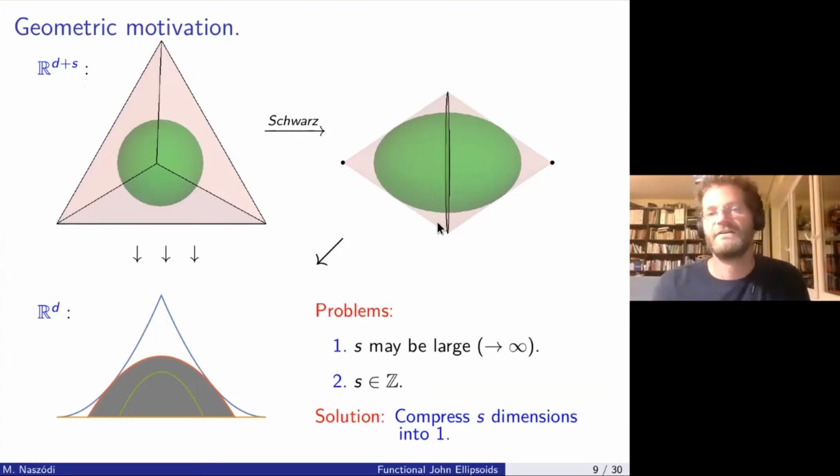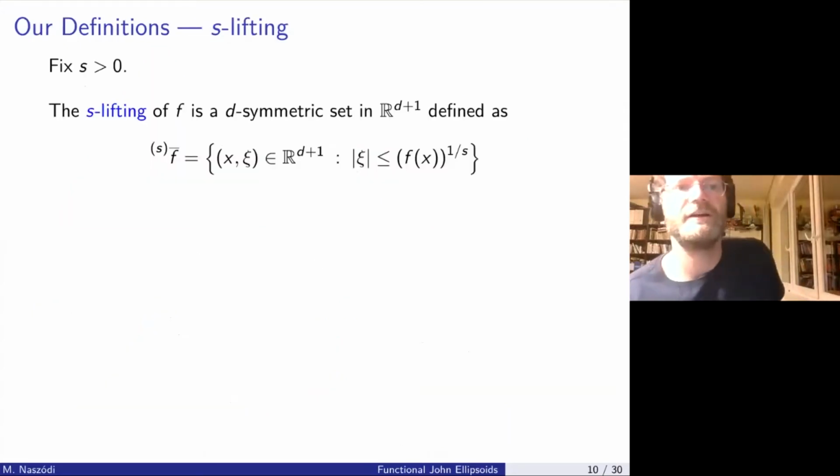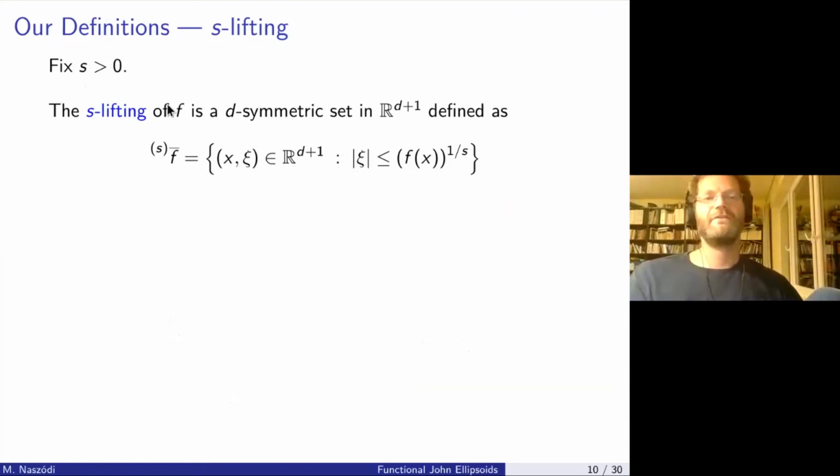That's our idea. So let me formalize this idea. We have a log-concave function F, and we fix S, okay? And the S-lifting of our function F is going to be this. For S equals 1, this is essentially the graph, right?